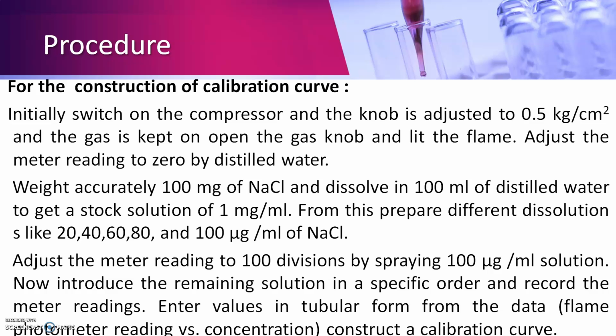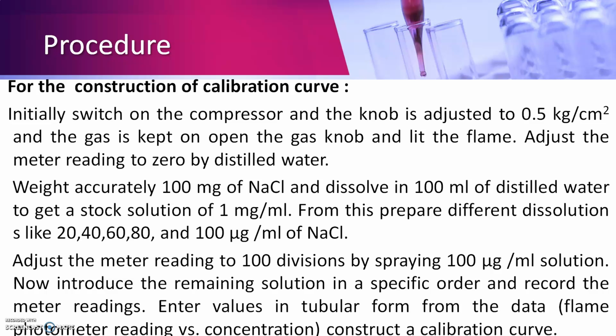First, the construction of the calibration curve. This is one of the methods by which we can find out the unknown concentration, by the calibration curve method. Initially switch on the compressor, and the knob is adjusted to 0.5 kg per square centimeter.